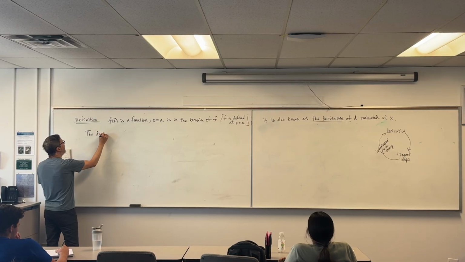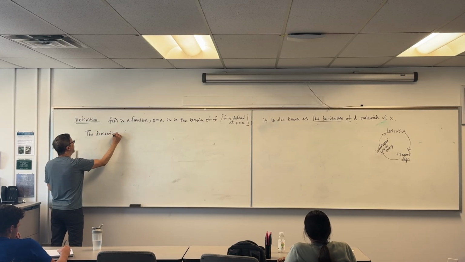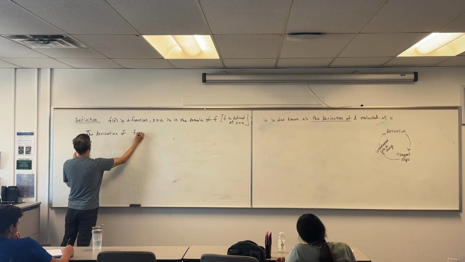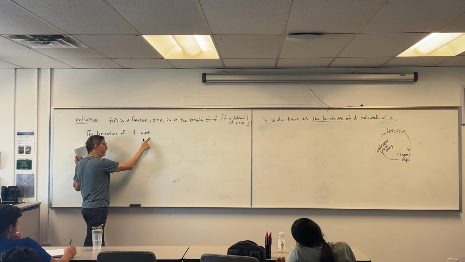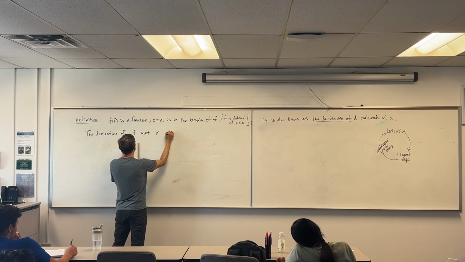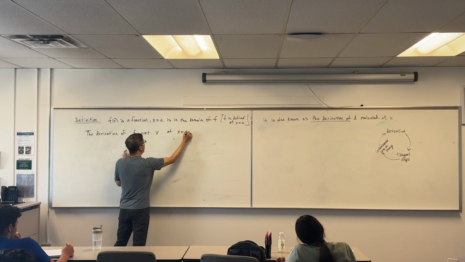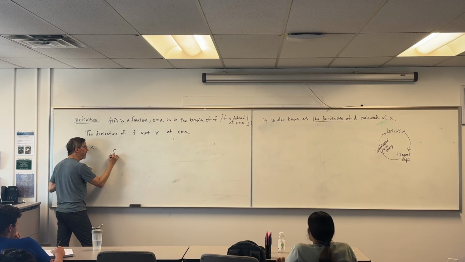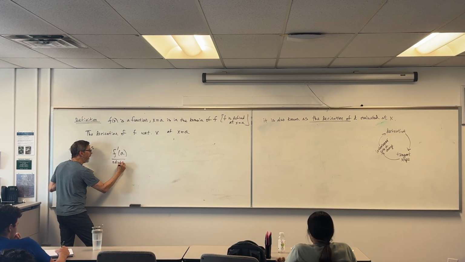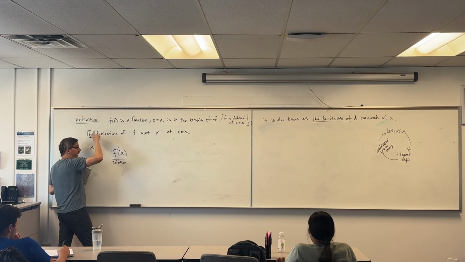The derivative of f with respect to x at x equals a is, I'm going to show you some notation. This is the notation for all that stuff up there.